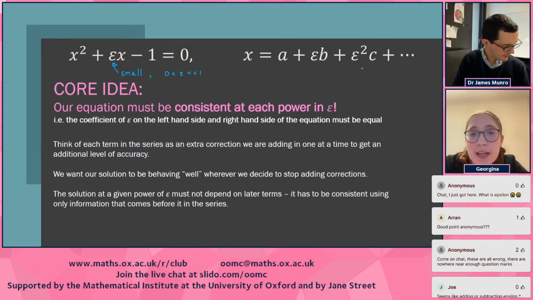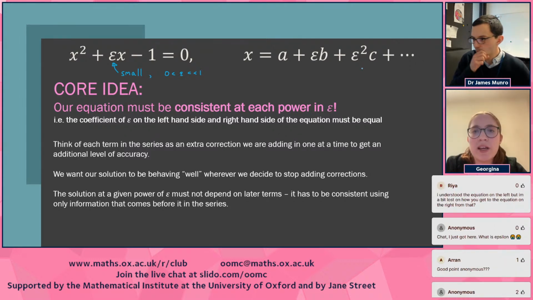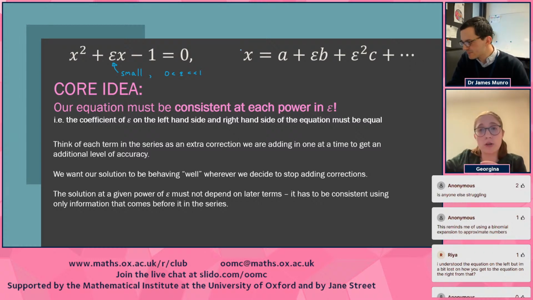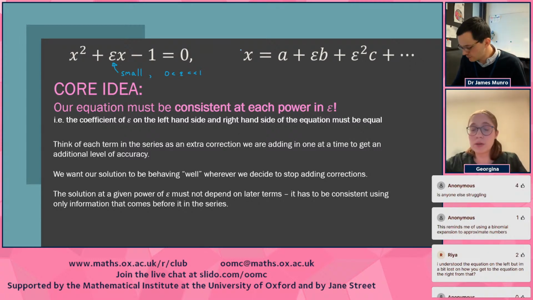And what that means is that when we substitute this into the equation, we'll get a bunch of constant terms, then a bunch of epsilon times stuff, and then some epsilon squared times stuff. Because we know that the corrections can't depend on the lower orders, we could start by solving all the constants, and that has to satisfy the equation that they are equal to 0.